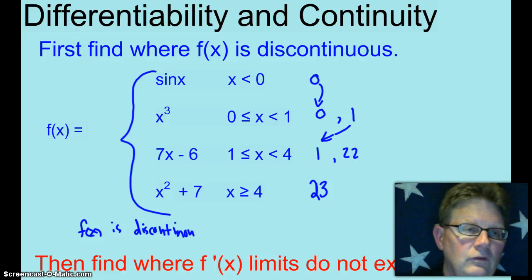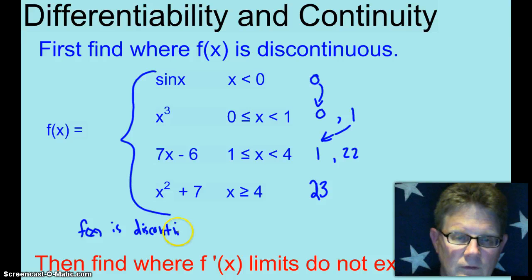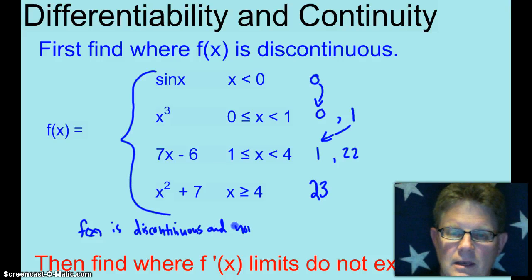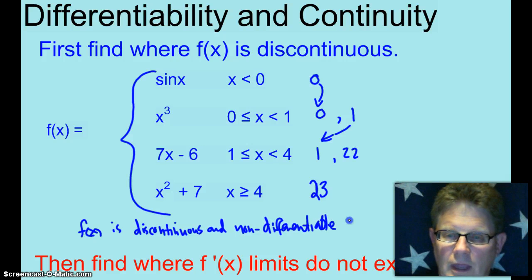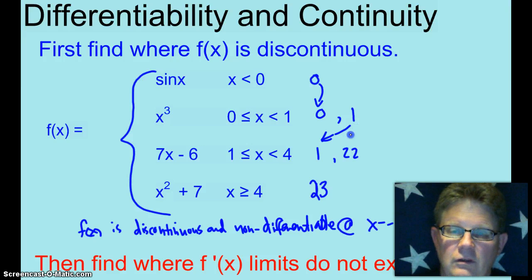It would help if I could spell it right. If it was continuous, these two numbers would be the same. They're not.